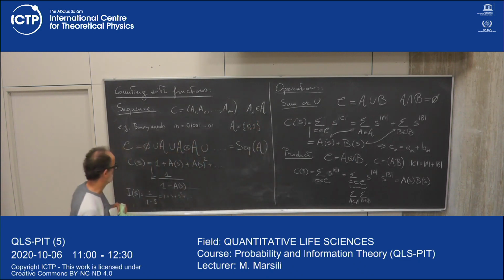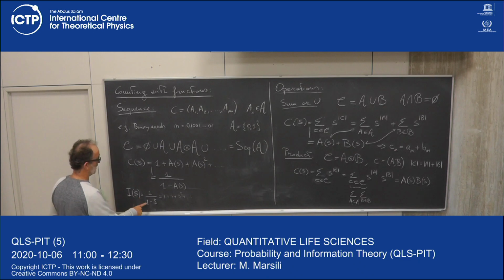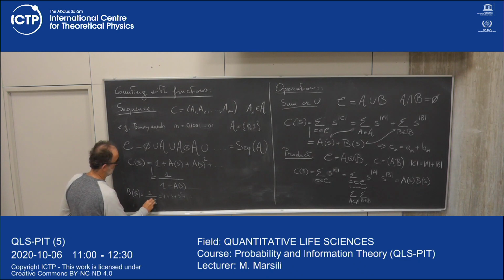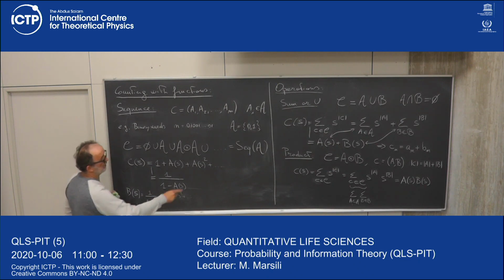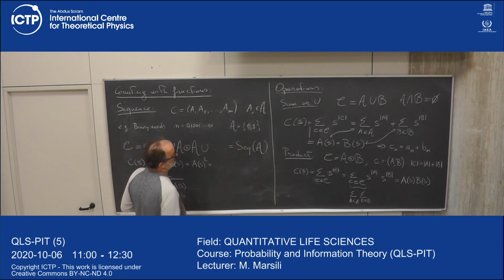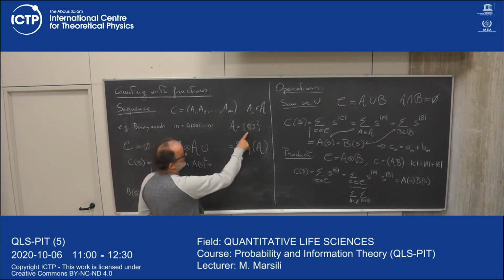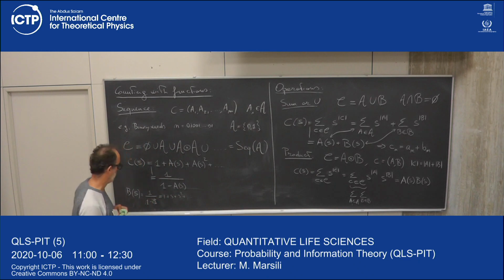So the generating function of the set of binary words, let's call it B of S, is 1 divided by 1 minus 2 times S this time, because the generating function of this set is 2 times S, as there are 2 objects of size 1.